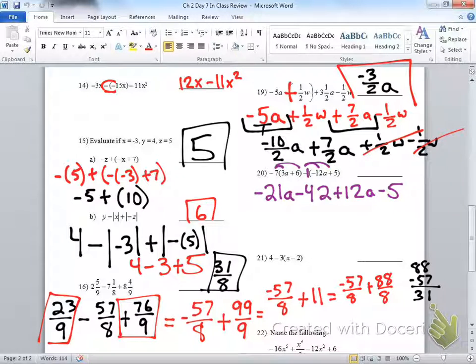Then I combine like terms, so a's go with a's. What's -21a plus 12a? -9a, good. And then what's -42 minus 5? Good.